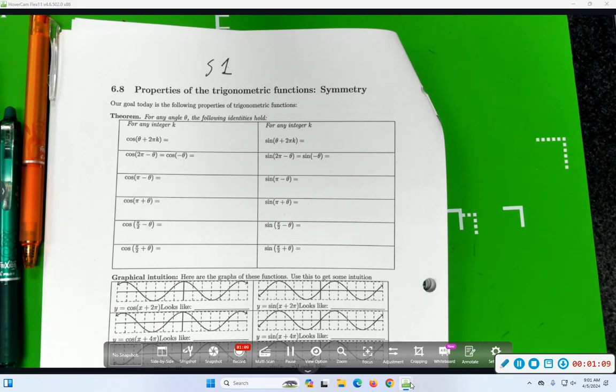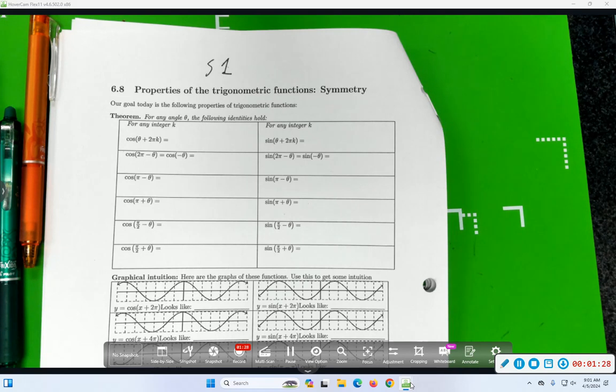Cool. So, which one's cosine? I hear an A. Do I hear a second? I hear any alternatives? Cool. Why A? Y-intercept's a good way to check.